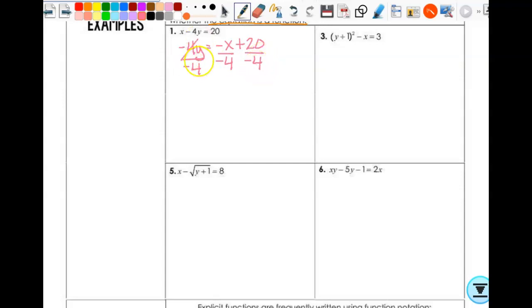So these cancel out, and I get that y equals, so negative divided by a negative is a positive. I could leave it as x over 4, but I don't want to. What's a different way to write that? 1/4 x. Very good. 1/4 x minus 5. Okay. So that is solved explicitly for y.